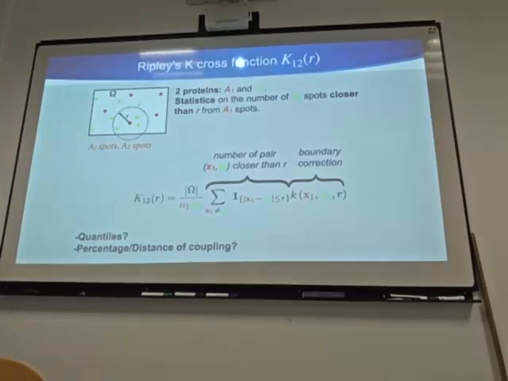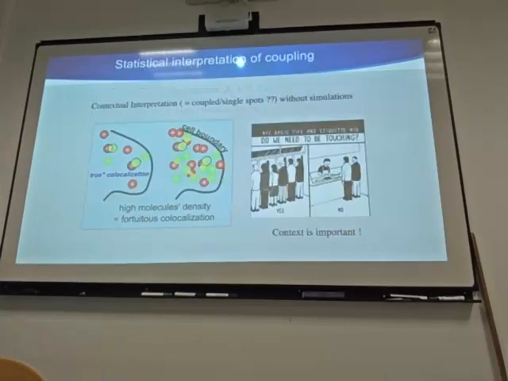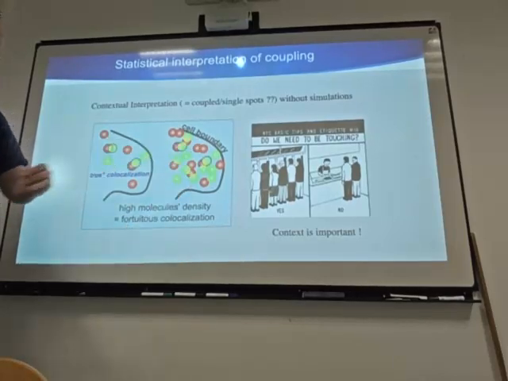And this is not trivial, again, because even if you have spots in a domain, and especially if you have a lot, for a given R you can have a lot of neighbors, but this proximity can be non-significant just because you have a lot of molecules in a bounded domain.